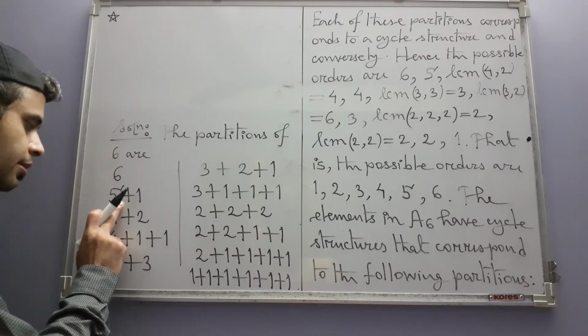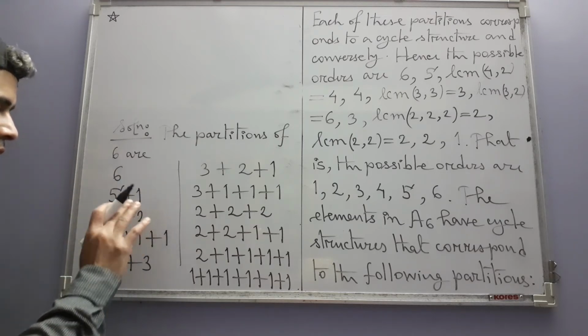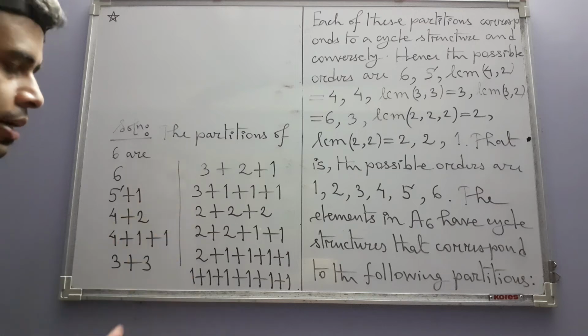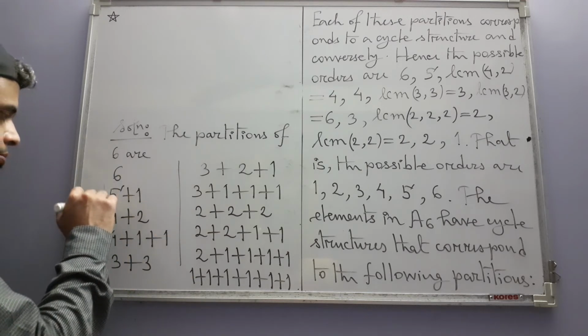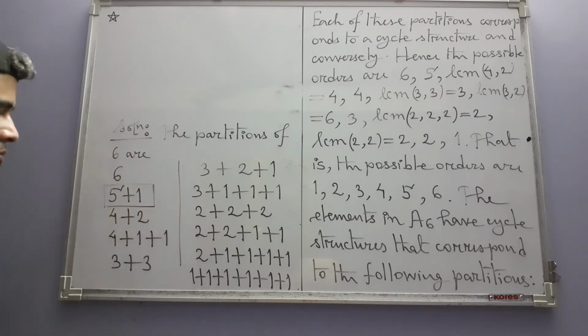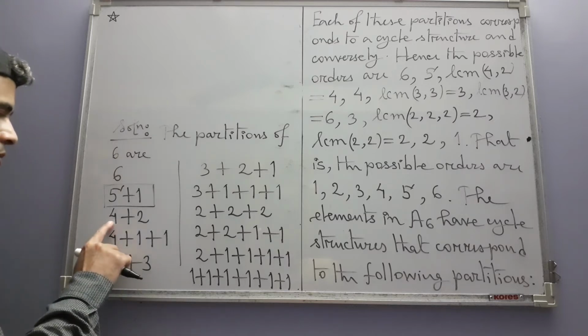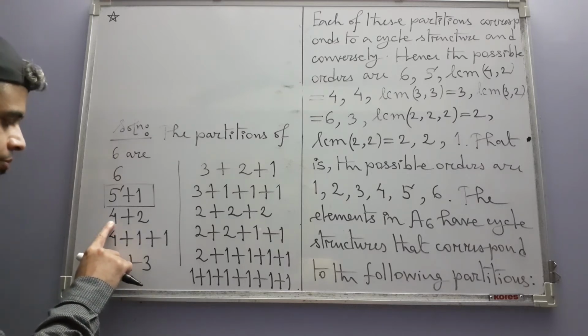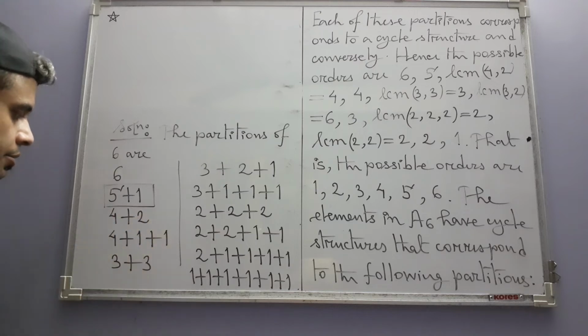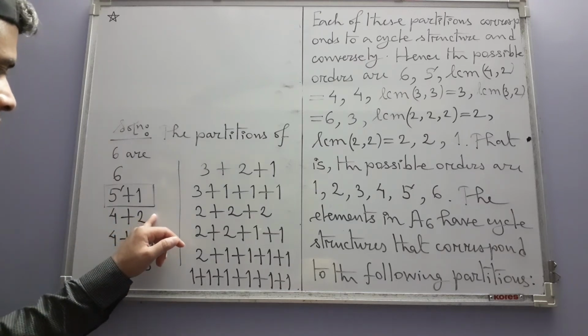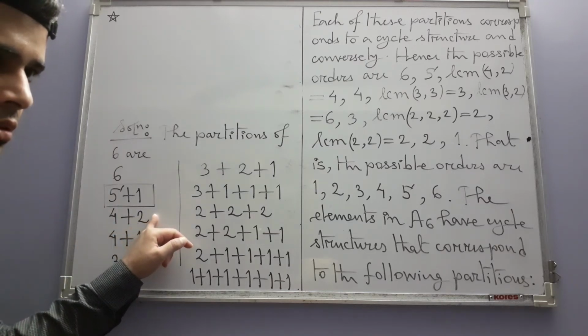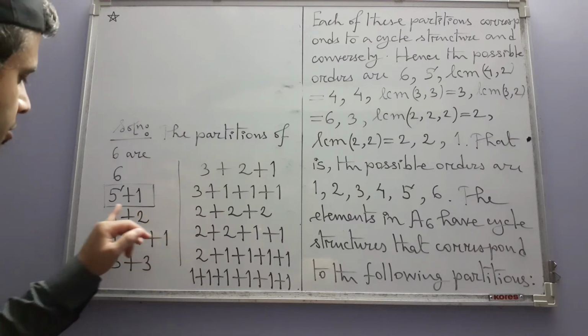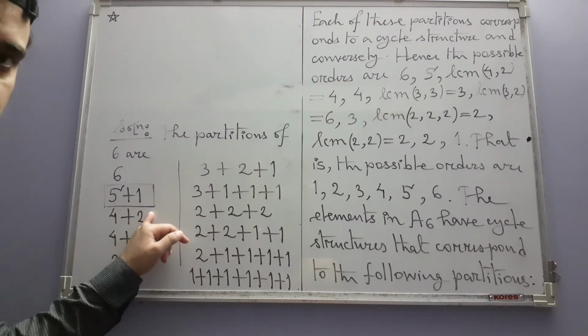So a 5-cycle is an even permutation, and this 1-cycle that is alongside it doesn't affect anything. So this corresponds to an even permutation. A 4-cycle is odd, but then combine that with a 2-cycle. A 2-cycle is also odd, so odd plus odd is even.